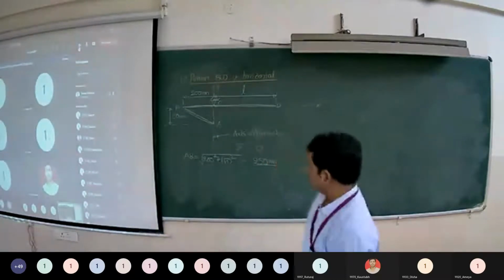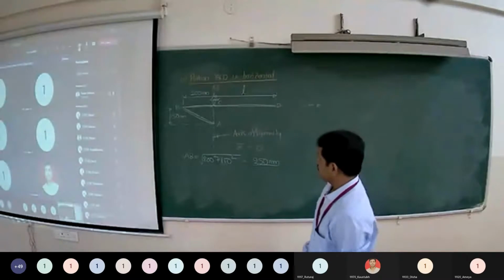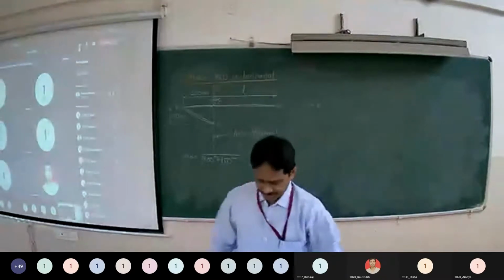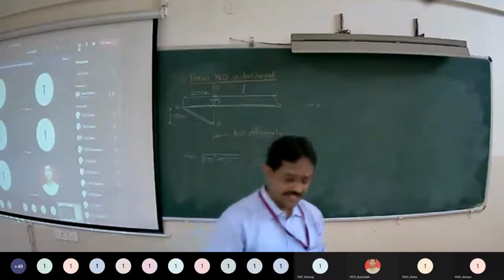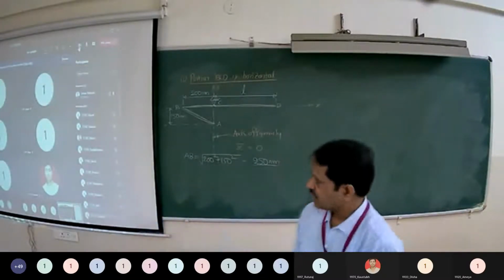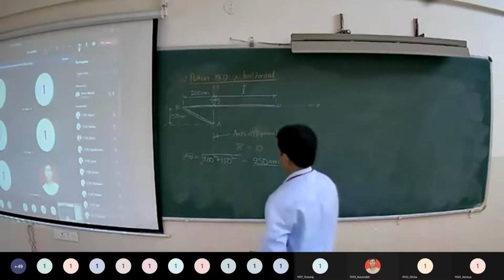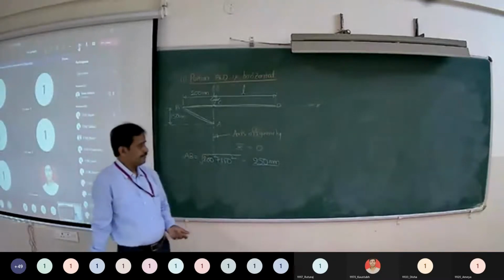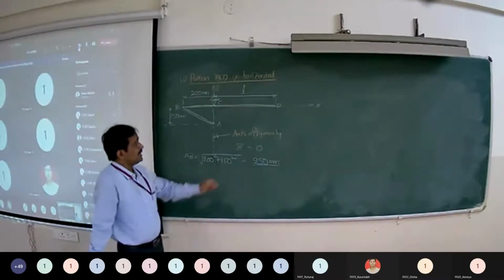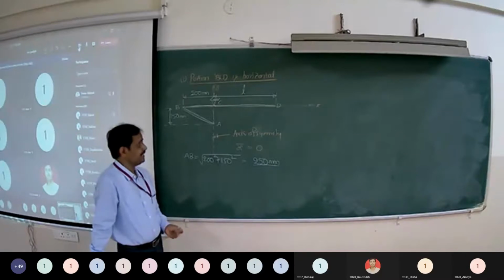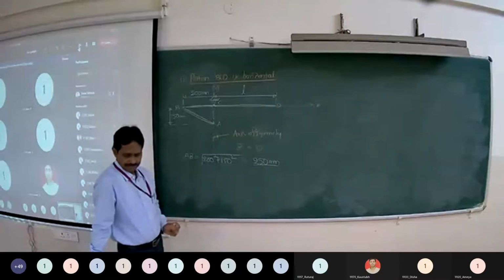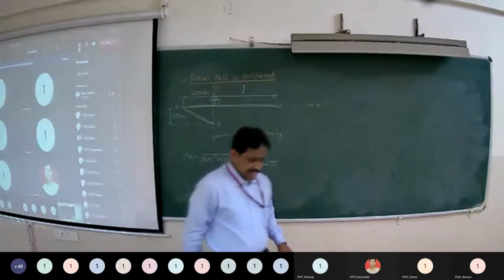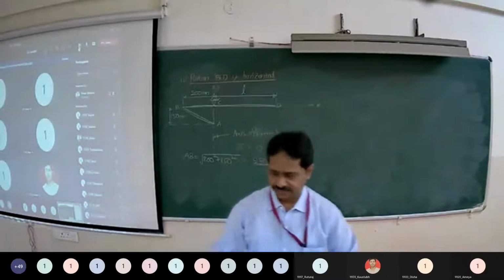Right? So write down one statement: equating moments of line segments about the vertical line passing through point C on both sides.